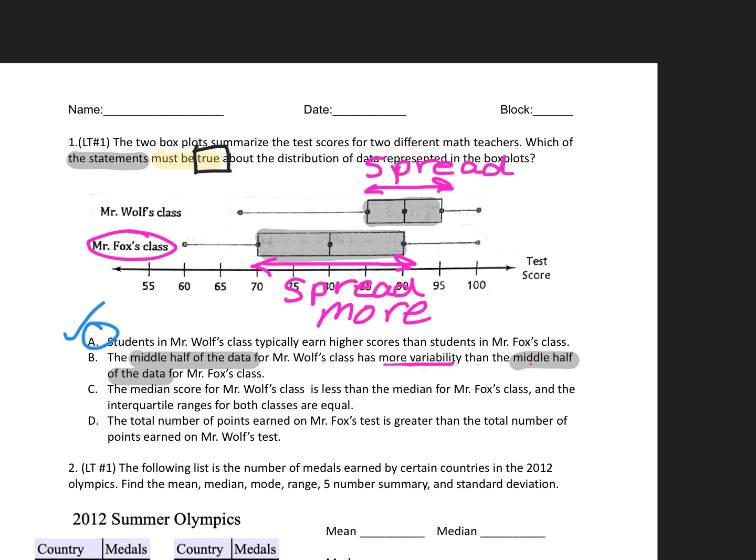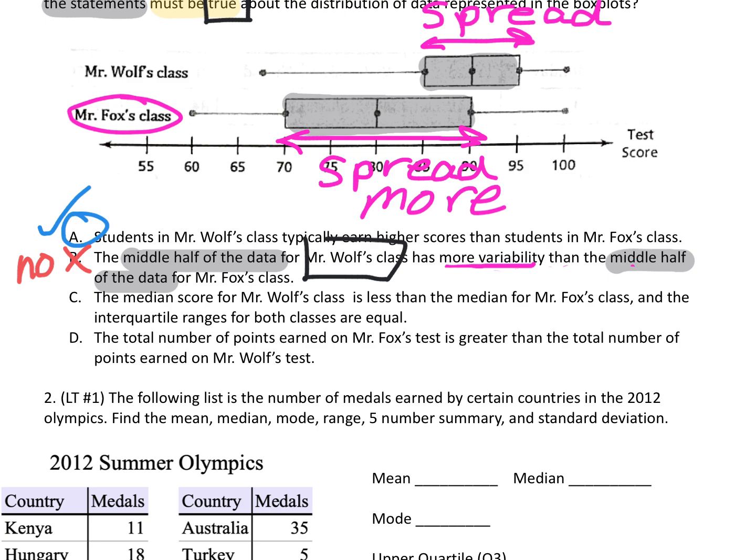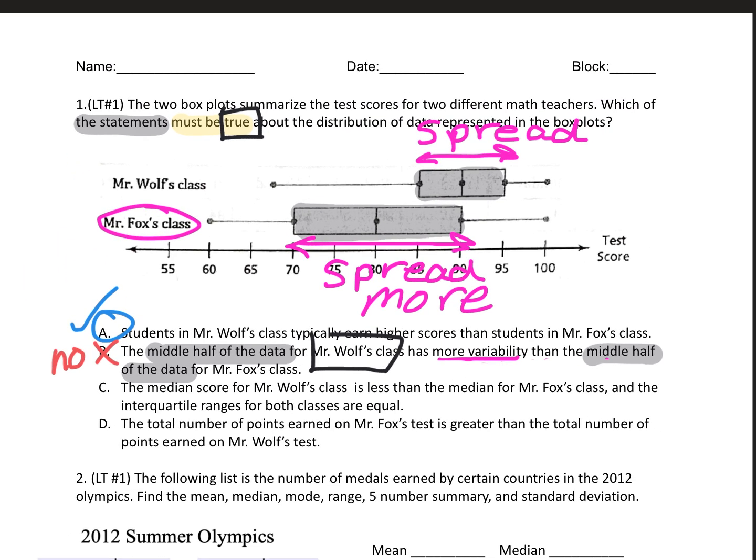But the question says Mr. Wolf's class has more spread. So this answer is wrong because you can tell that Mr. Fox is more spread out.